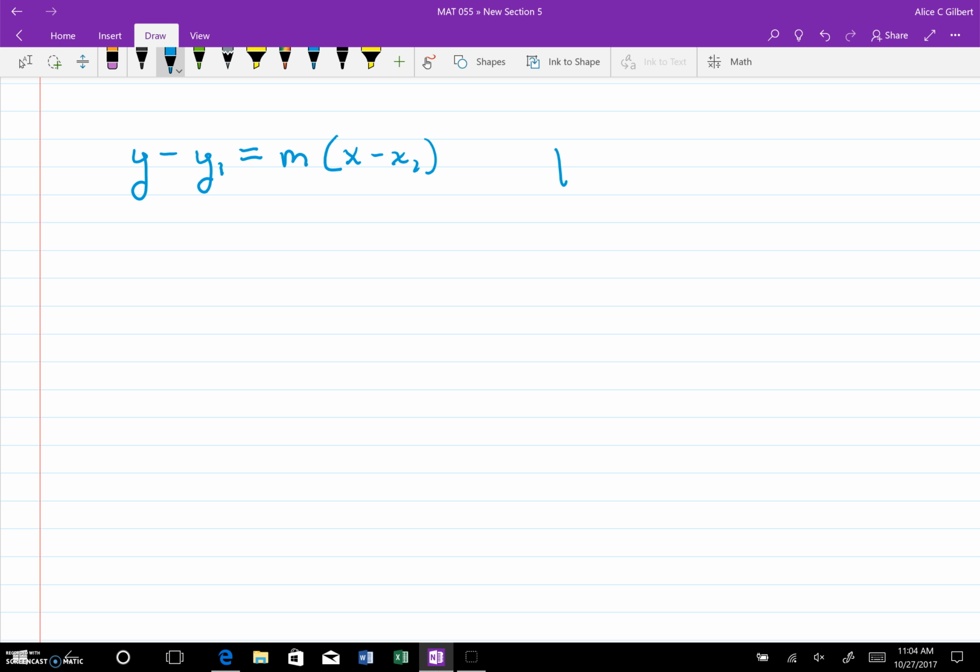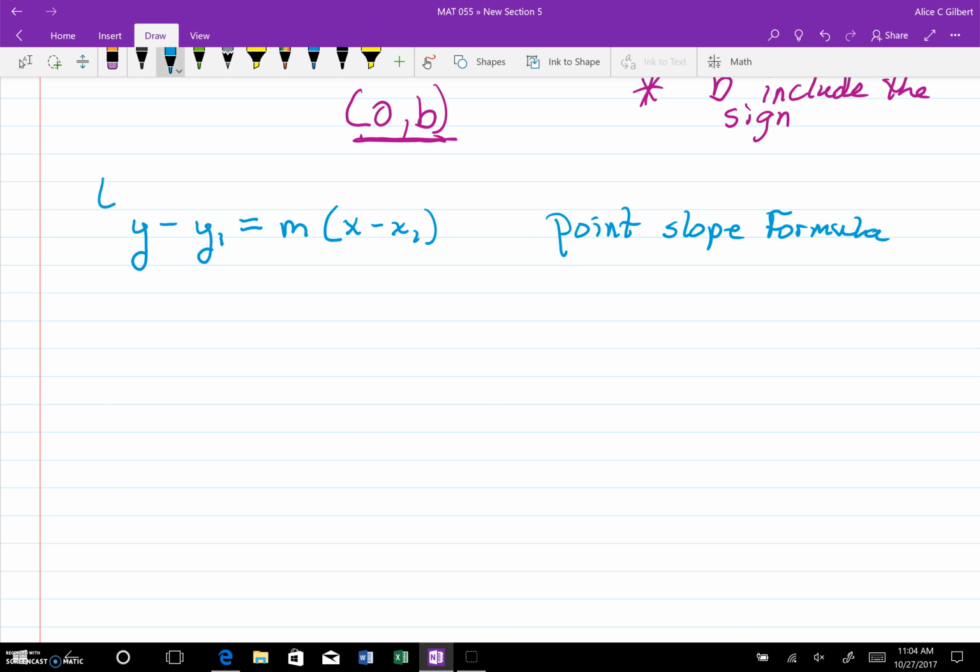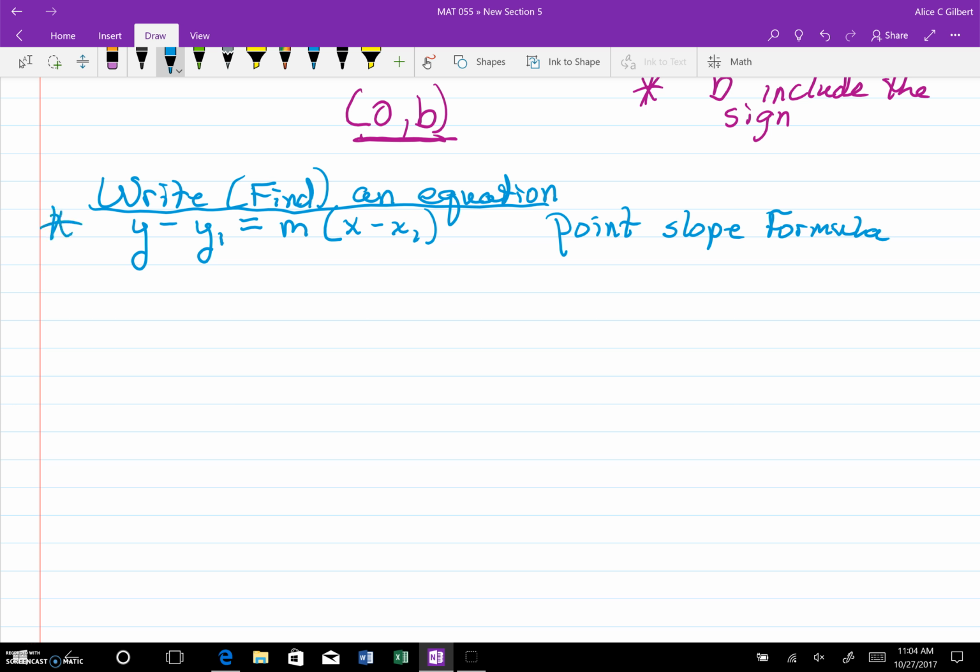And this is called the point-slope formula. We use it to write or find, sometimes it says, an equation. As soon as you see the words write or find an equation, you should be thinking, ooh, point-slope formula.